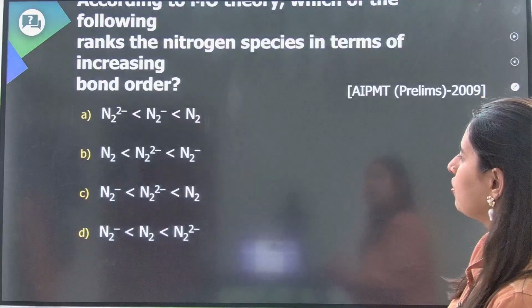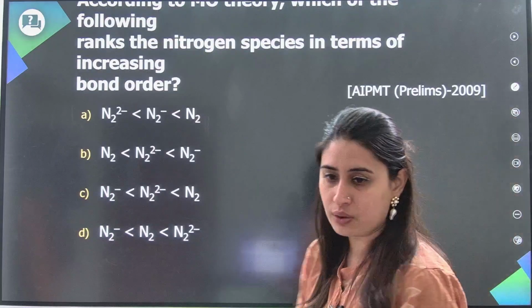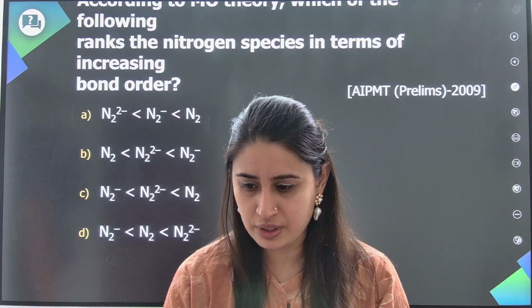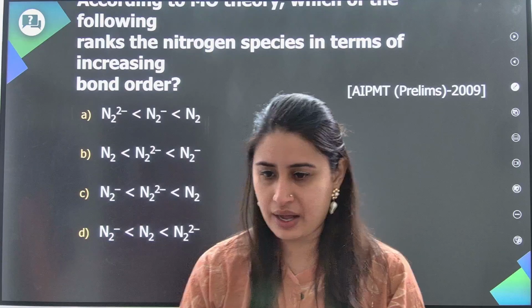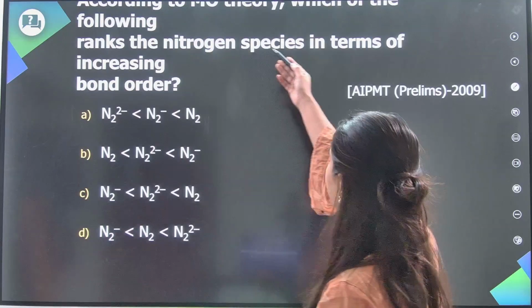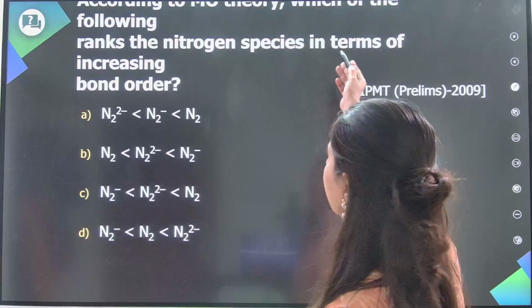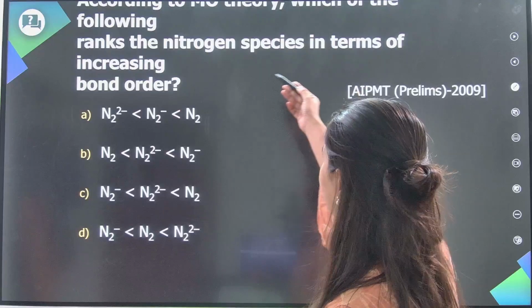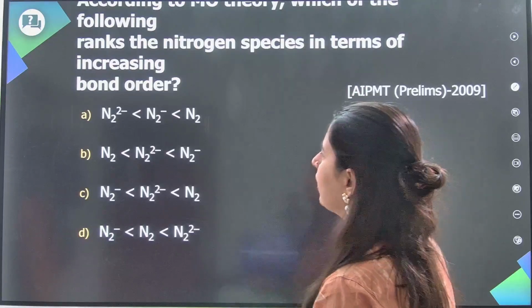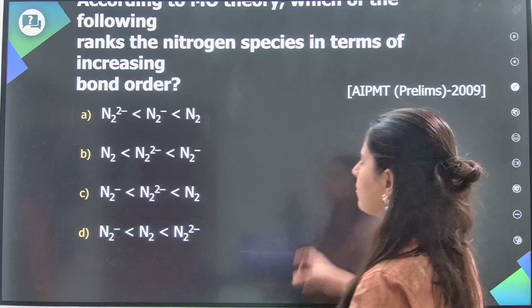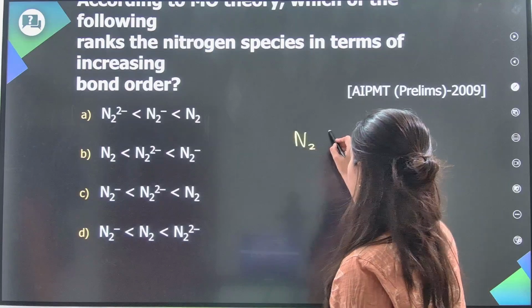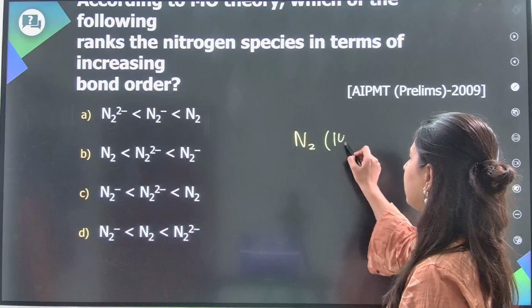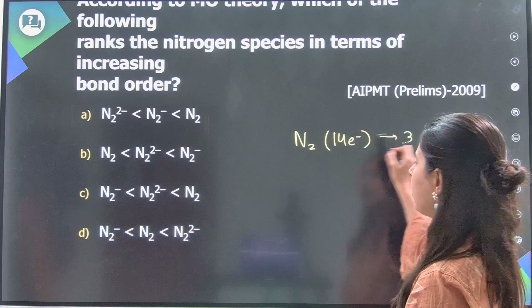Try out another one very simply. Now, I don't know if the question is properly visible or not, but I think I can just read it for you. According to molecular orbital theory, which of the following ranks the nitrogen species in terms of increasing bond order? So N2 is the one having a 14 electron system, 3.